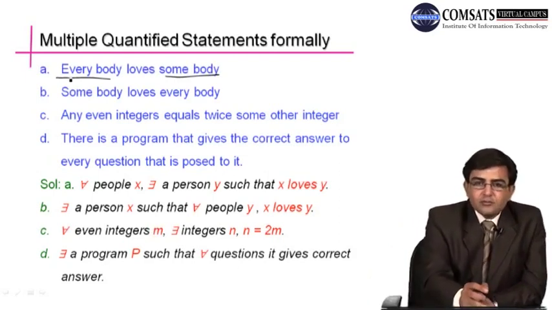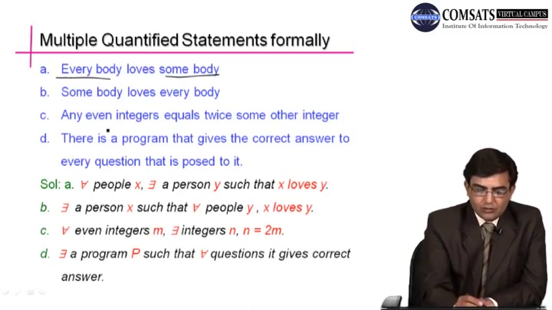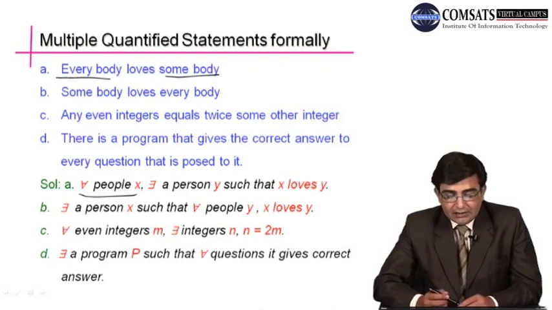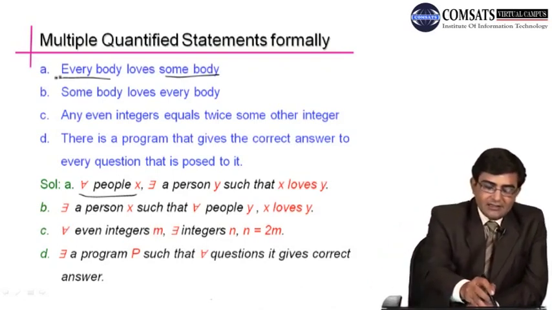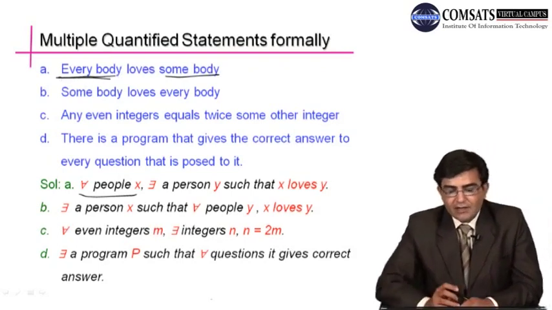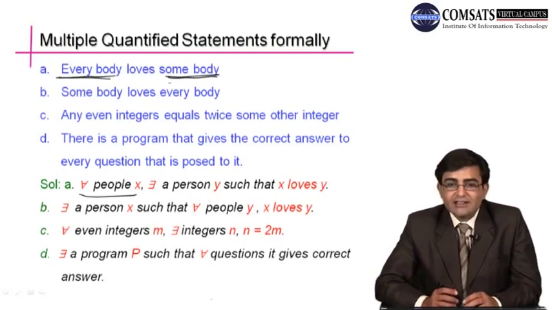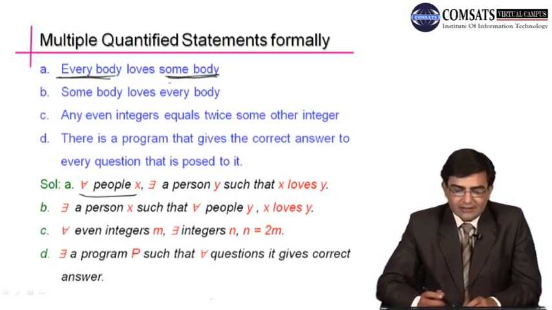Everybody, as I have told you, will be used in the sense of the universal quantifier. So we use: for all people x. This gives us the translation of everybody. Now somebody will be used as there exists, the existential quantifier.